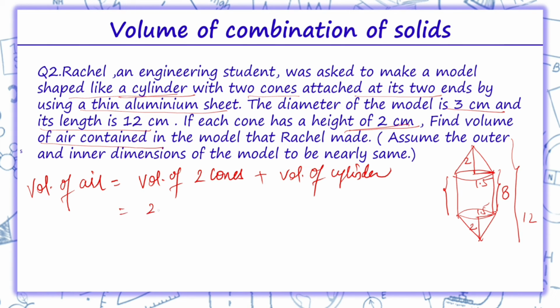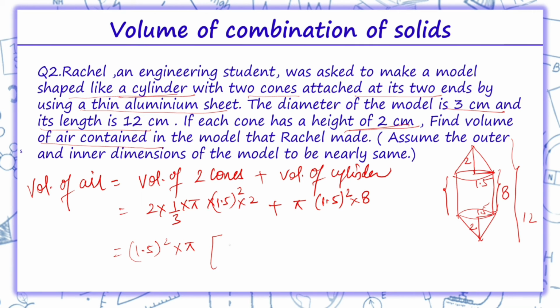So 2 cones is 2 into 1 by 3 pi r square h. So pi, r is 1.5 square, into height of conical part is 2, plus volume of cylinder pi r square h. R is again 1.5 square, into h is 8. So from here we can take 1.5 square into pi common.